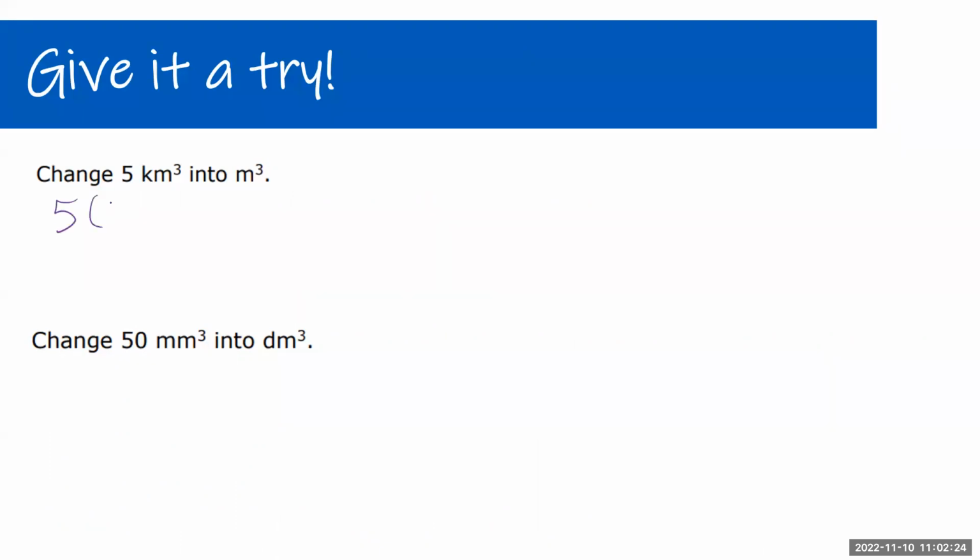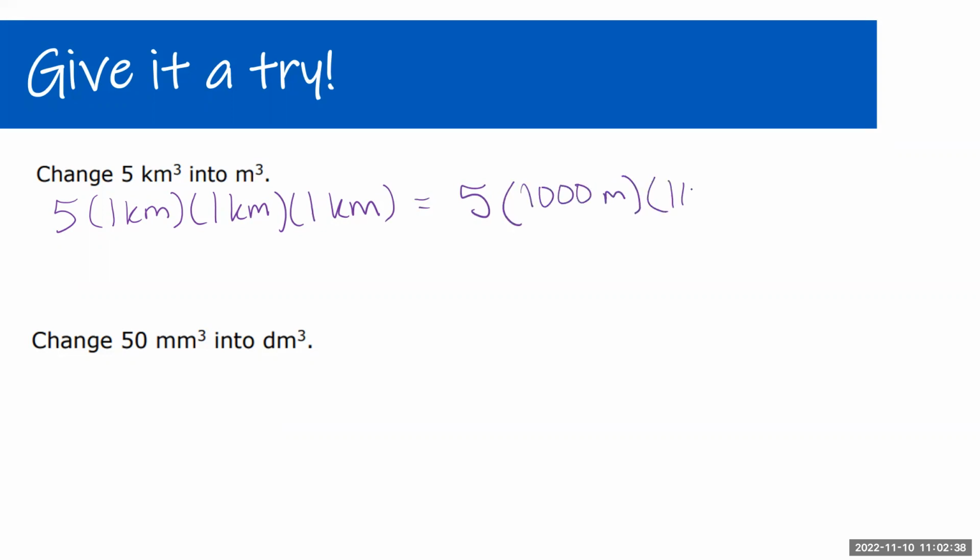So we start by saying, okay, 5 times 1 kilometer times 1 kilometer times 1 kilometer. And if we want to convert each of these into meters, 1 kilometer is 1,000 meters times 1,000 meters times 1,000 meters.